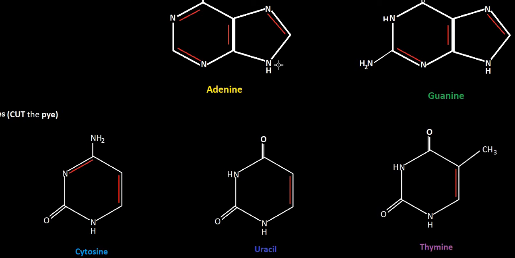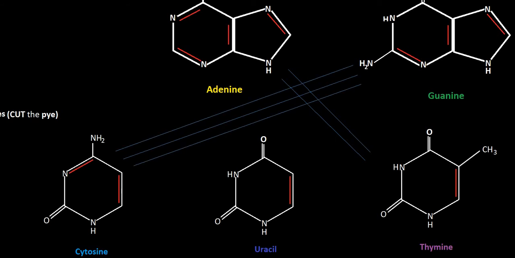The adenine bases are always paired to the thymine bases, and they're paired using 2 hydrogen bonds. Now guanine and cytosine are also paired with each other, and they're paired using 3 hydrogen bonds. And so their bond is so much stronger than adenine and thymine.